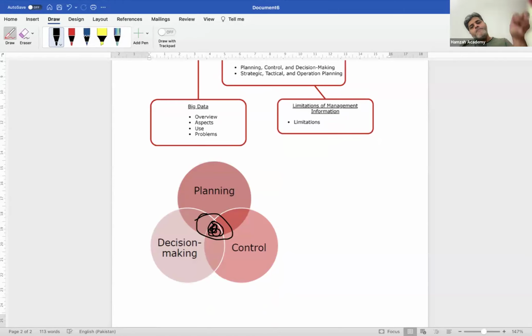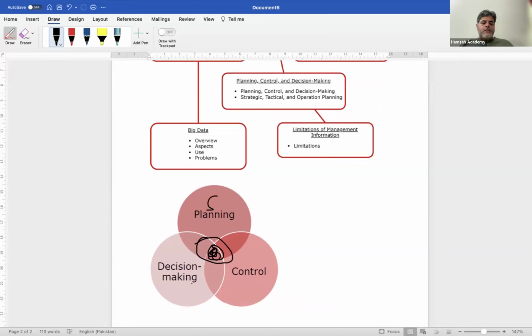This is where management accounting is, the core area of expertise of management accountants, right in between planning, control, and decision making. This is the strategic level, this is the tactical level, and control is where we talk about the operations of the organization.